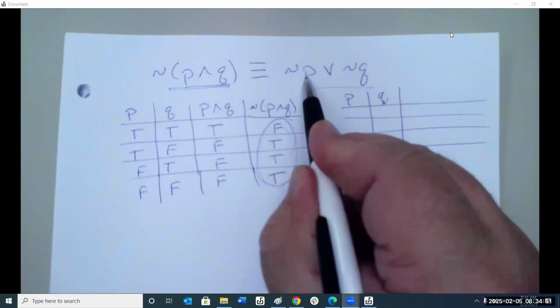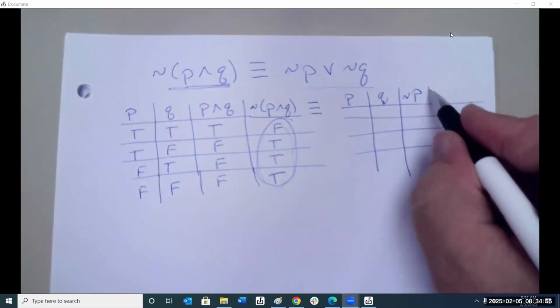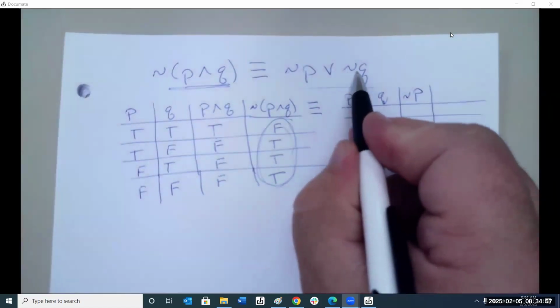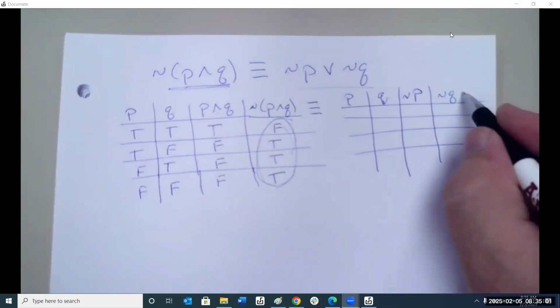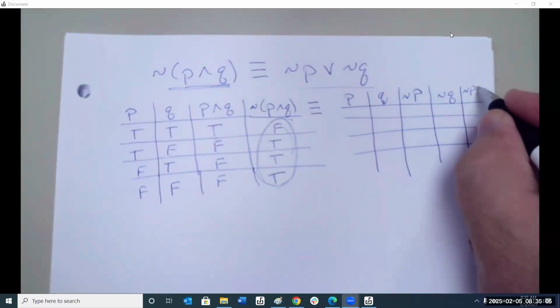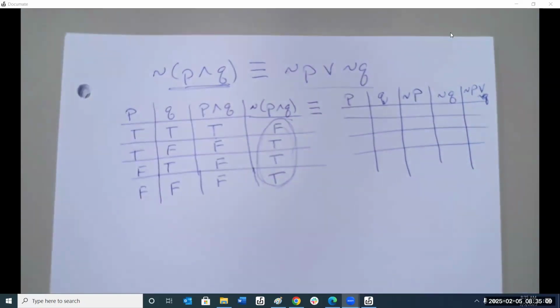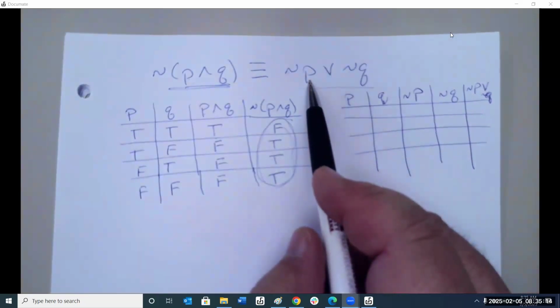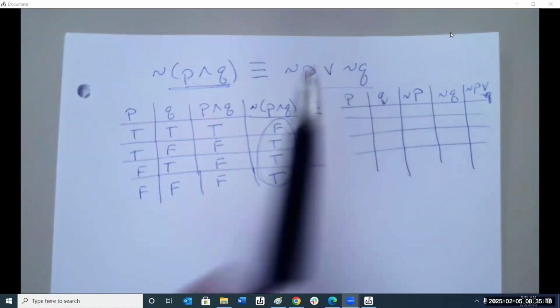Not P. We first do not P. Then we have to do not Q. Then we have to do not P or not Q. You see how we're building this up? We have to find P, then not P, Q, then not Q, and then put them both together.